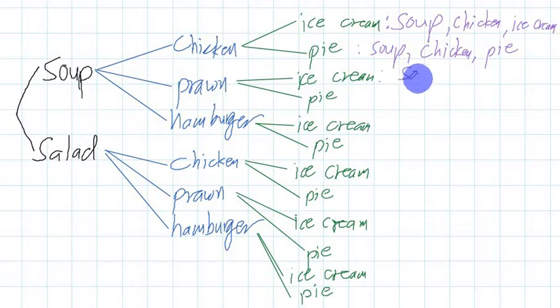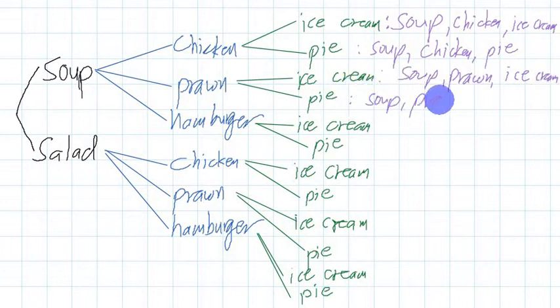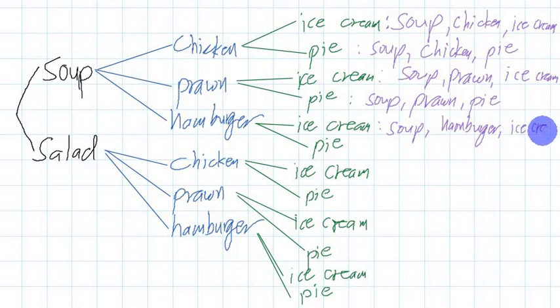Here you have soup, prawn, ice cream, and we will continue the list. So now we can have soup, prawn, pie. This one would be soup, hamburger, ice cream. This one would be soup, hamburger, pie.